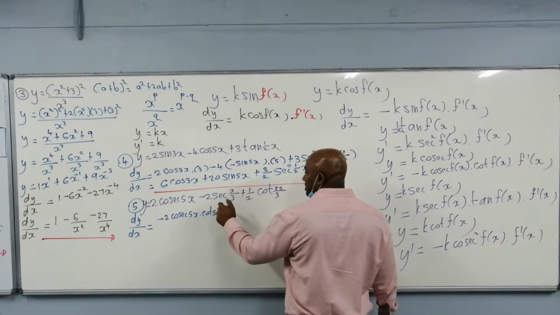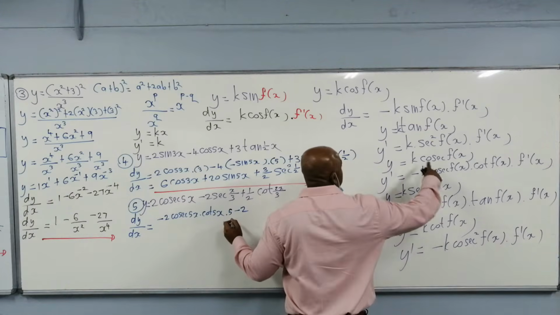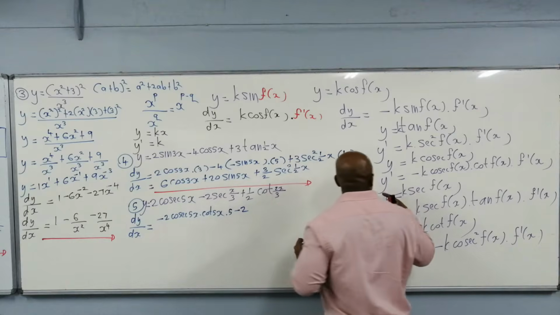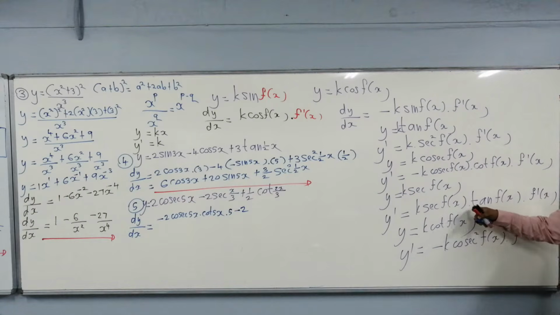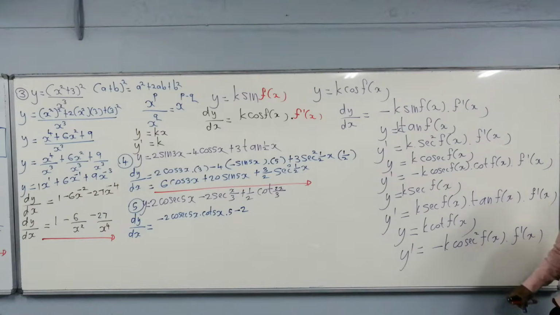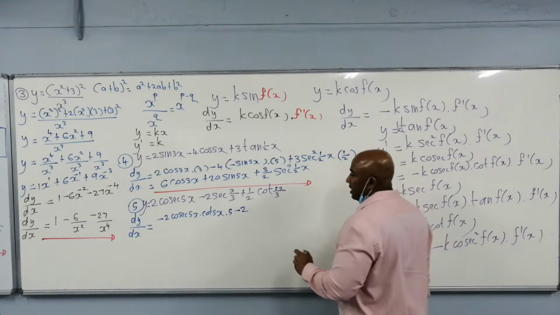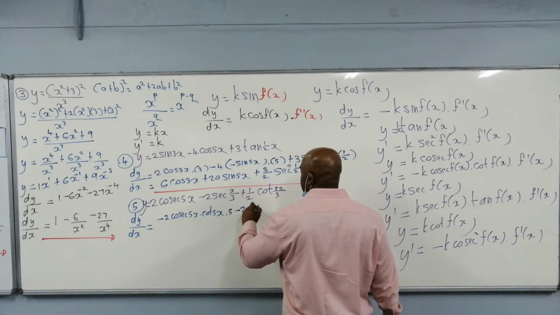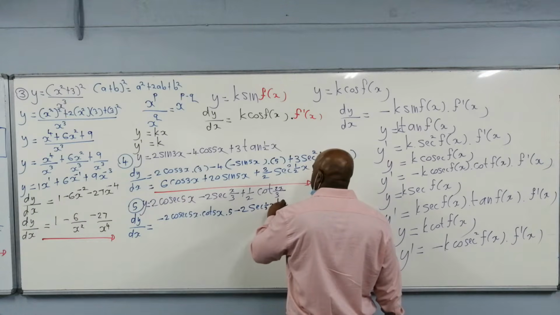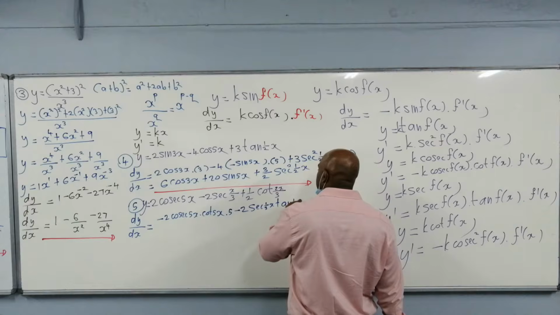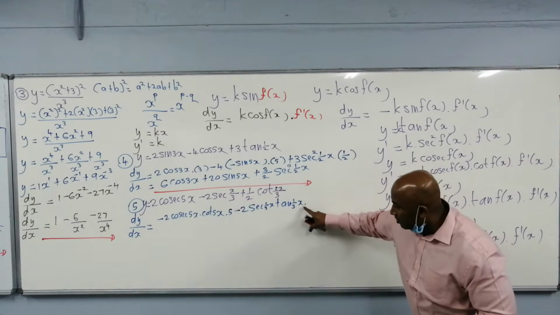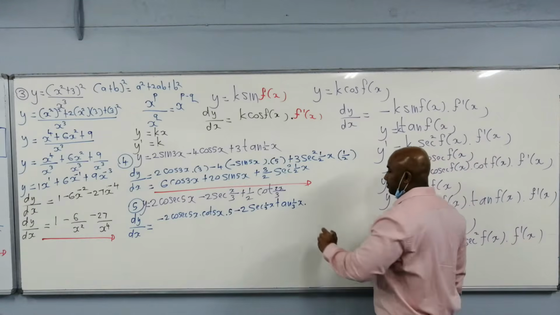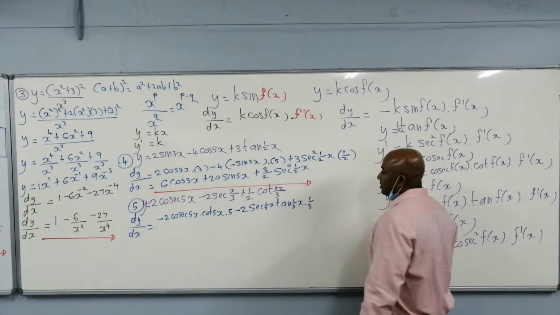Here, the derivative of sec, so that's minus 2. There's sec here. The derivative of sec is sec f of x times tan f of x. So the derivative of sec there is going to be sec 1 over 3x times tan 1 over 3x times the derivative of 1 over 3x, which is 1 over 3.